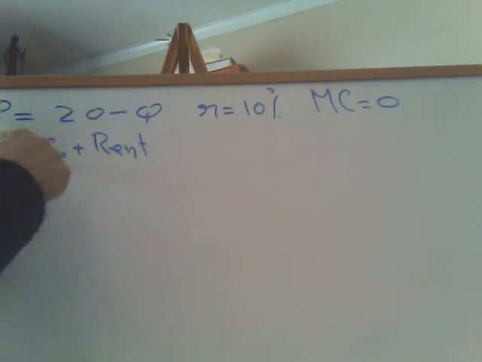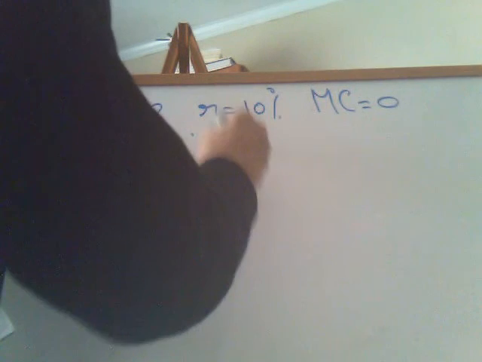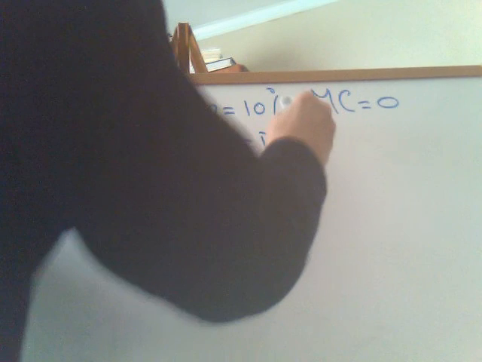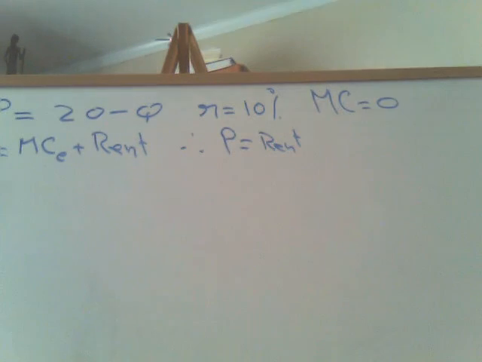So if this is 0, therefore the price is equal to the rent only. So what are we going to assume over here? I'm going to assume that my quantity is 45. So my supply is 45.